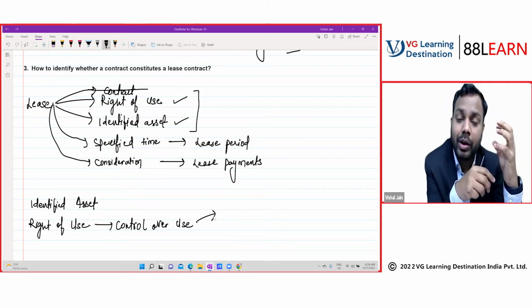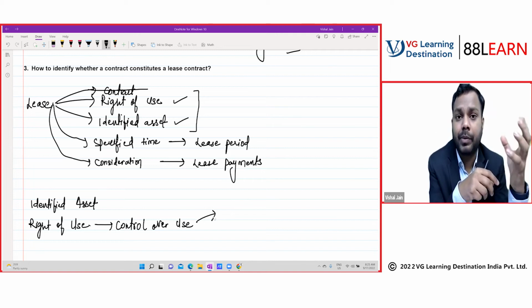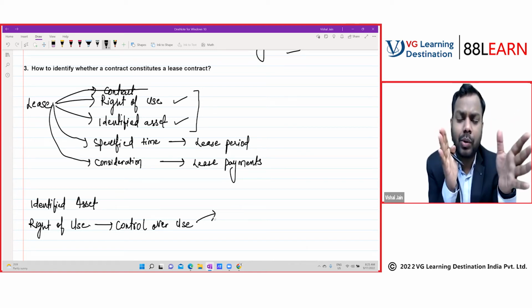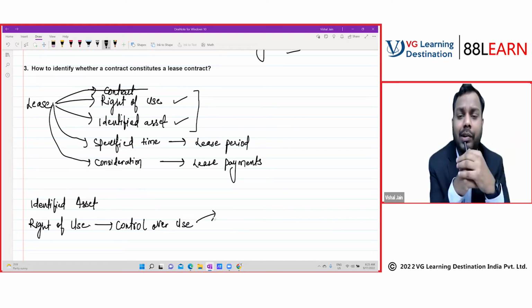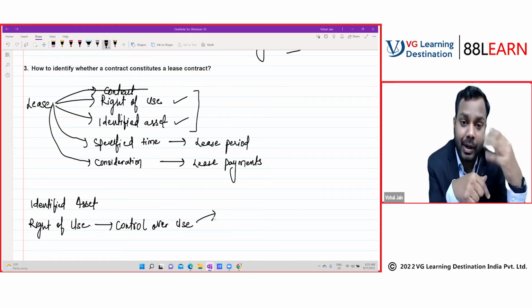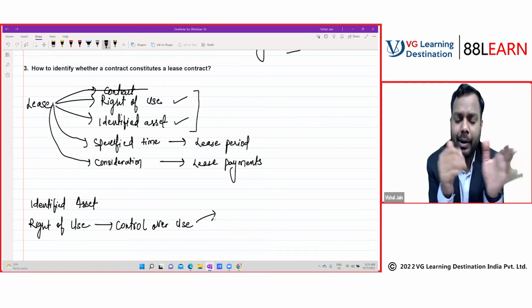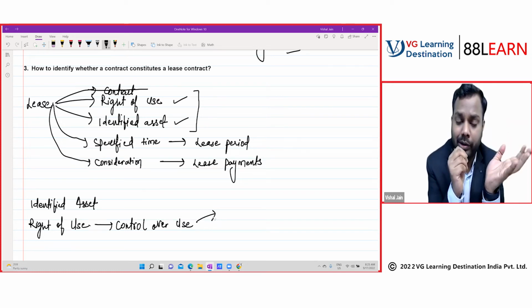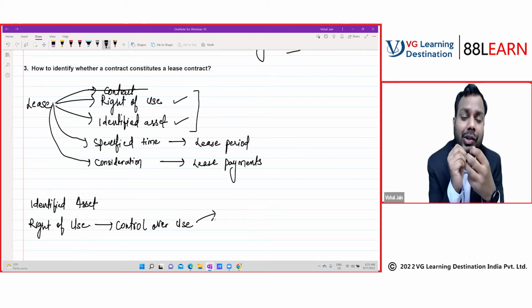Control is a broader term. We'll understand the difference between control and risk and rewards much better in the standard on revenue. But as of now, understand that control is a broader term than risk and rewards, and risk and rewards is just an indicator of transfer of control.